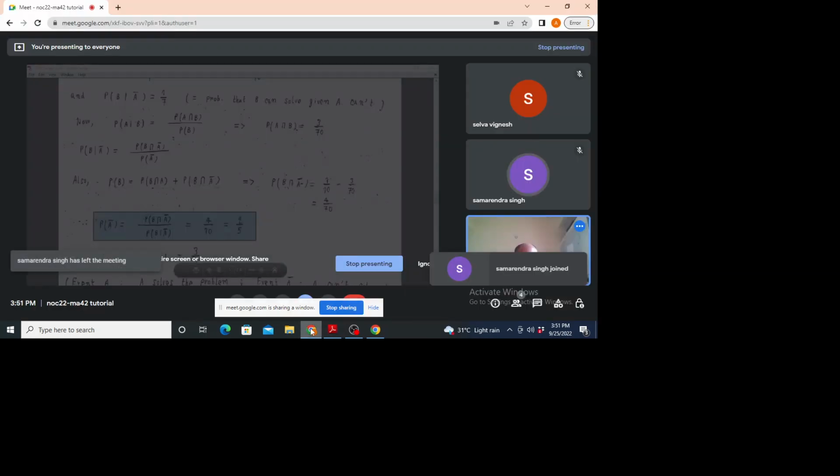So this result is the probability of A not solving the problem, and we have to find the probability of A solving the problem.